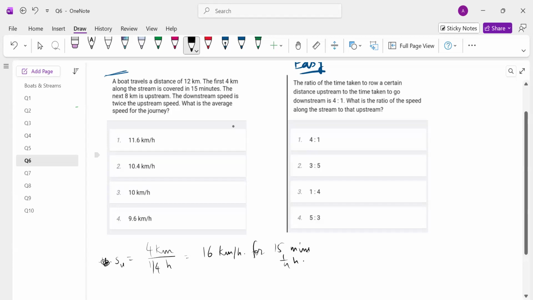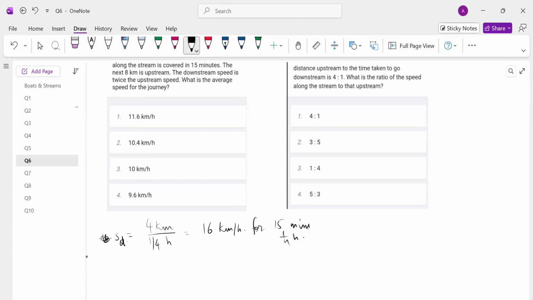Then the next 8 kilometer is upstream, and the downstream speed is twice the upstream speed. So the upstream speed is then half of this.